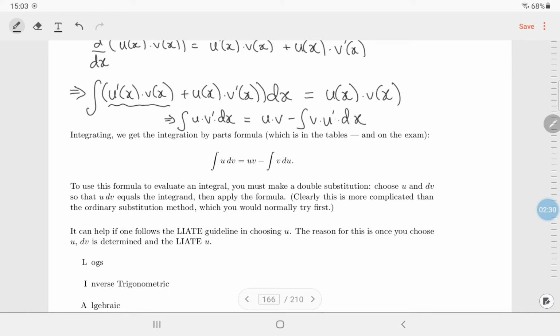And this v dashed of x times dx is written as this dv. And this is du. So that's what those things actually mean.